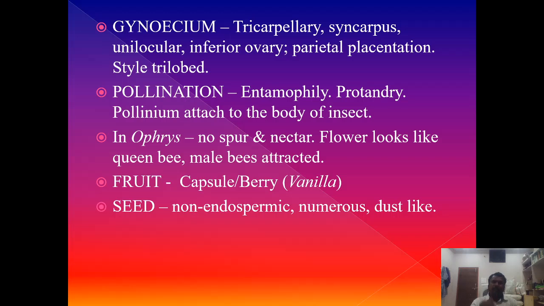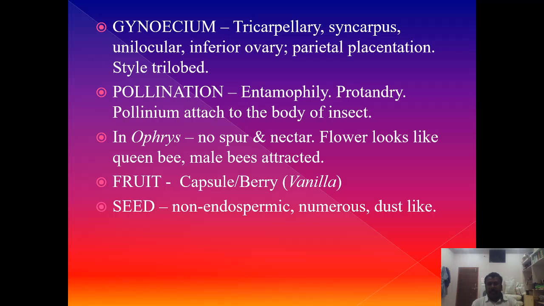In some species like Ophrys, the flower has no spur and no nectar, but the flower looks like a queen bee. Then the male honeybees are attracted to the flower and they think that it's a queen bee. Then they are unknowingly involved in pollination. The fruit is a capsule, or in vanilla it is a berry.